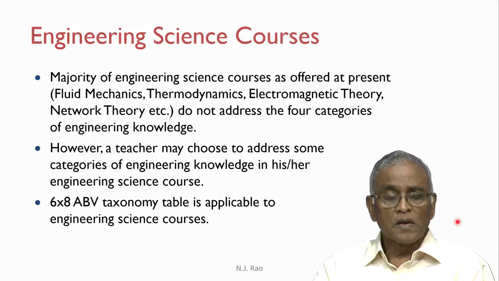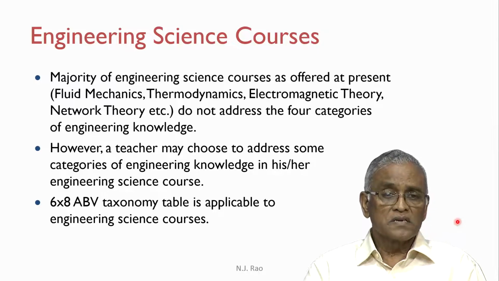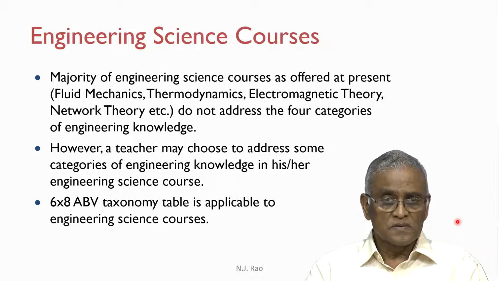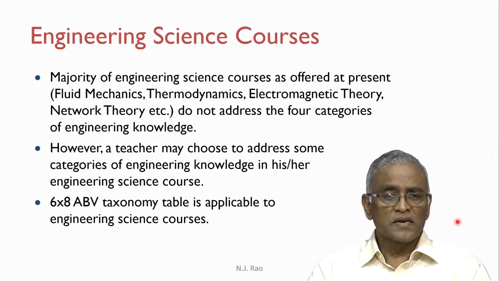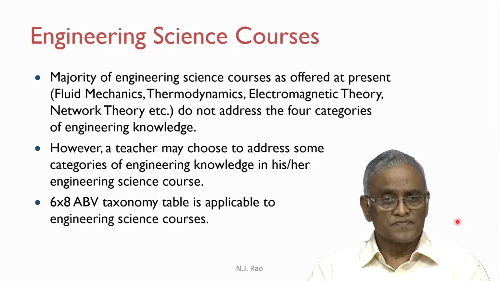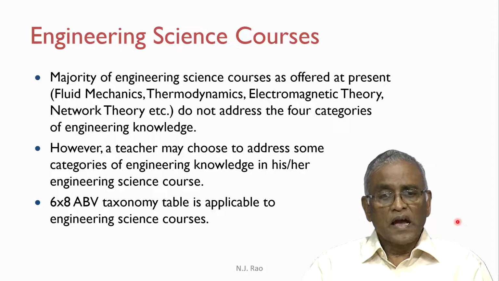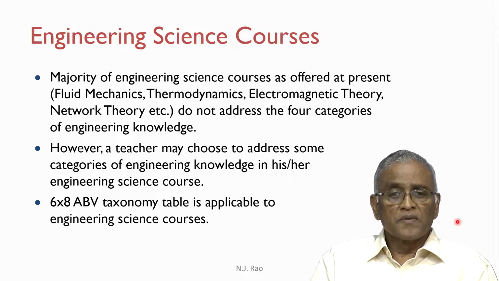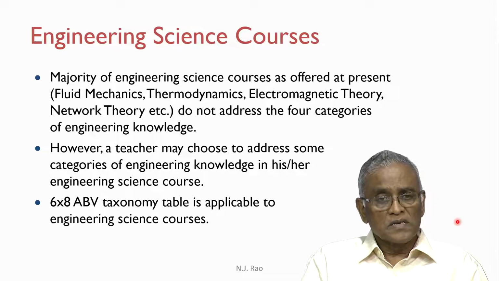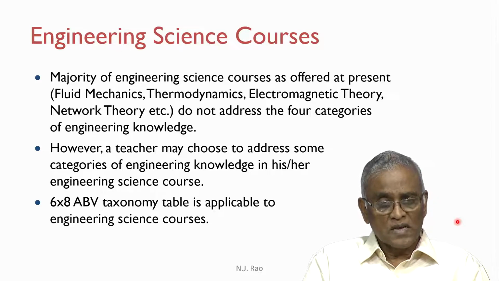But a teacher of these engineering science courses, because of his interest and passion for engineering, may choose to address some categories of engineering knowledge even in engineering science courses. So, as of now, we will consider the 6 by 8 ABV taxonomy table applicable to engineering science courses as well.